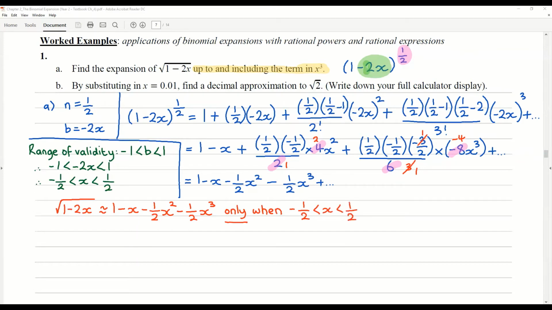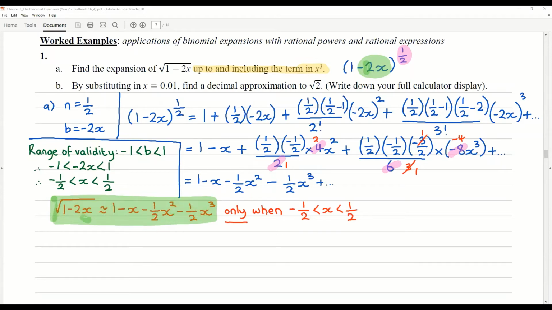And we saw in the first lesson, didn't we? This is a nonsense statement if you're outside this range. So this is all fine. But as soon as you step outside of that range of validity, you know, intuitively, you're going to get a nonsense statement.